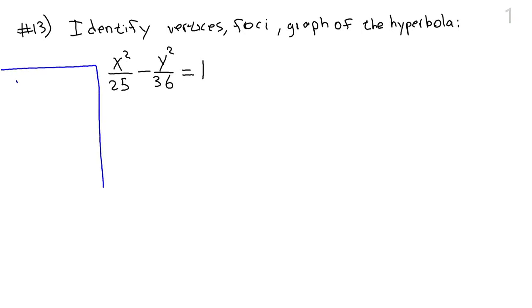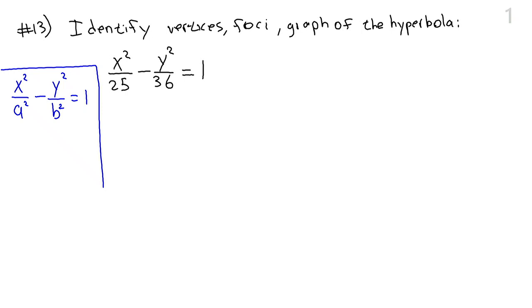And the general form of a hyperbola centered at the origin looks like x squared divided over a squared minus y squared over b squared equals 1. For hyperbolas, we carefully look at where the minus is in front of it. If the minus is in front of y squared, then the hyperbola is going to be repelled from the y-axis.